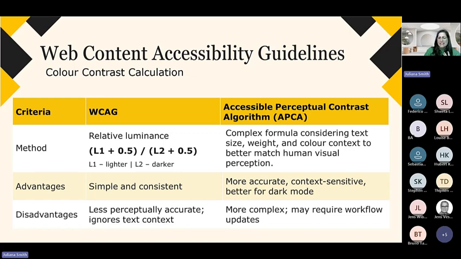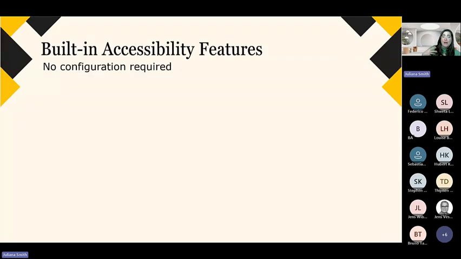It is designed to provide a more accurate measure of how readable text is against a background. The disadvantage is that it is a more complex method, and it may require workflow updates. So if you already have everything set up using the relative luminance method, you're going to have to redo it all, because sometimes it is considered a good contrast ratio using relative luminance, but it's not within APCA.